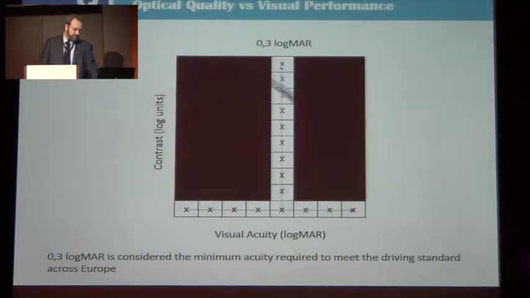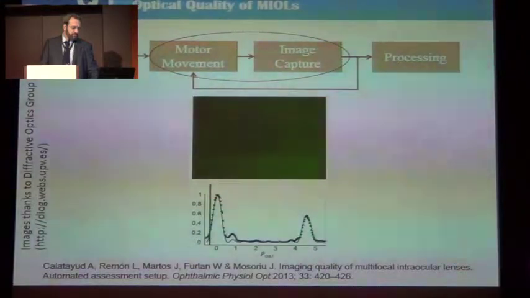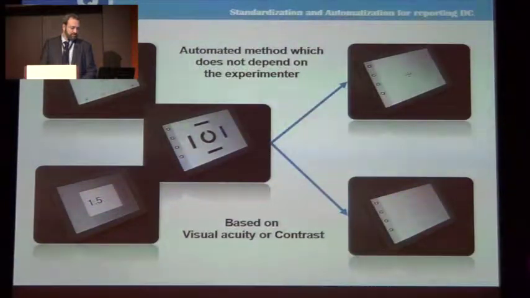So with those two parameters, we are going to have exactly what is the performance of our multifocal lens in our patient. We have defined that value of 0.3 logMAR in order to have a more standardized measurement of the contrast sensitivity in the focus curve, and we can see the optical quality of the multifocal lens in terms of contrast sensitivity in low condition or poor condition of quality of vision.